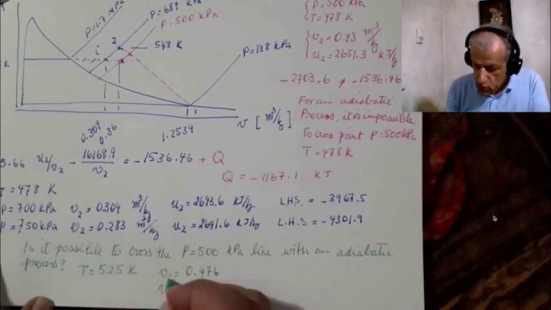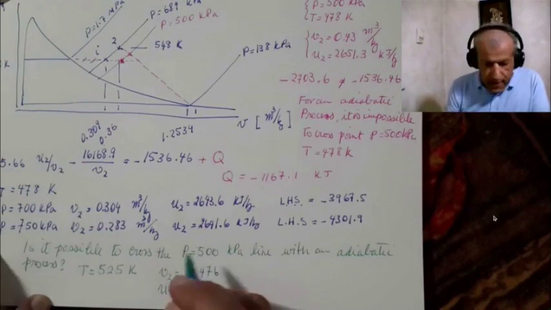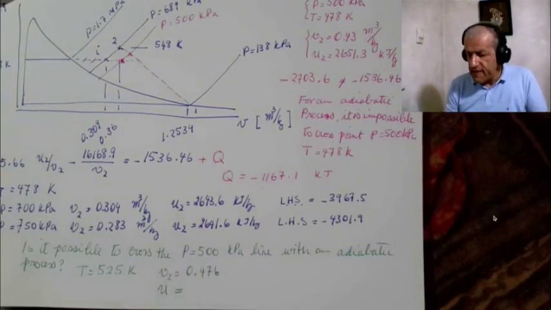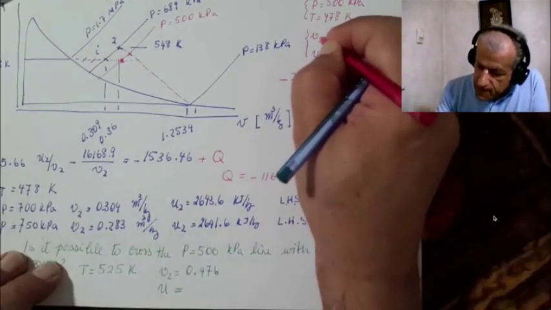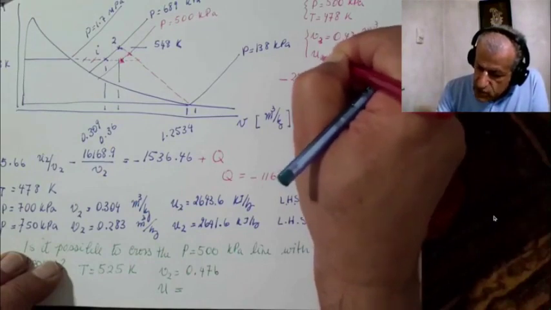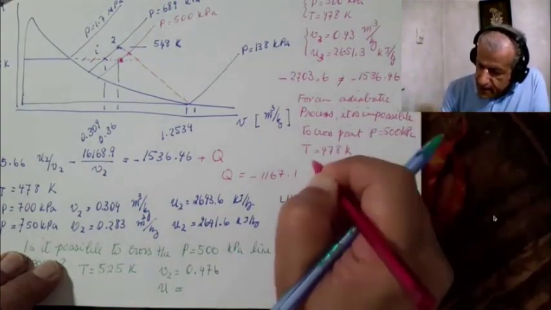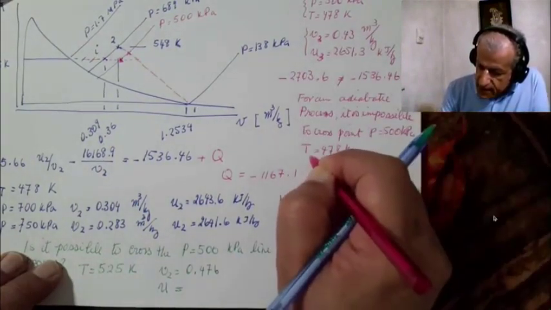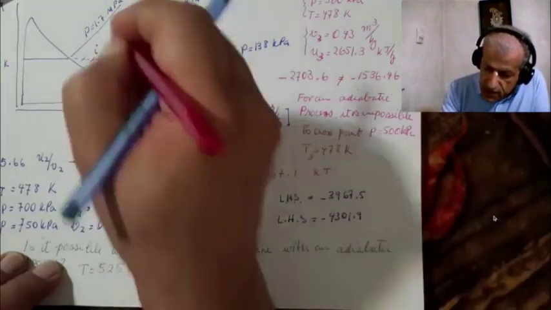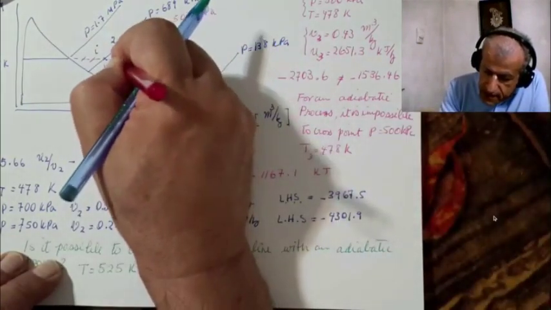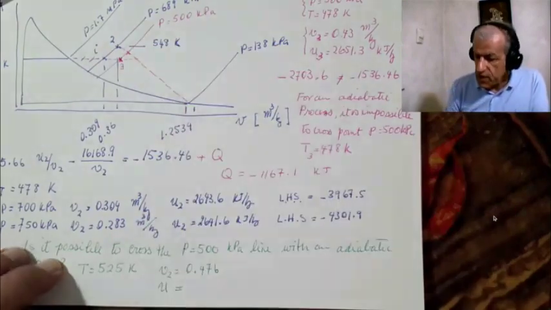This won't be point 2; let's call these values V3, U3 and T3, which would end up here for this point 3.